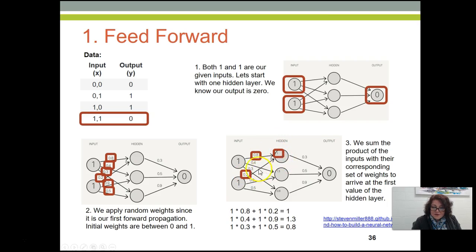We do the same process with multiplying 1 times 0.4 and 1 times 0.9 for our second neuron. 0.4 plus 0.9 is 1.3. And we multiply 1 times 0.3 and 1 times 0.5 for our third neuron. 0.3 plus 0.5 makes 0.8. This is our first summary aggregation.